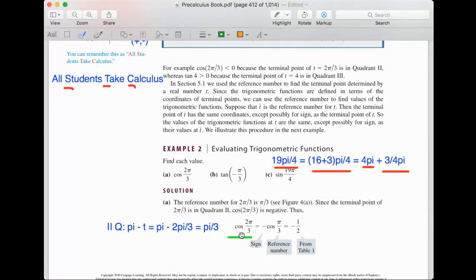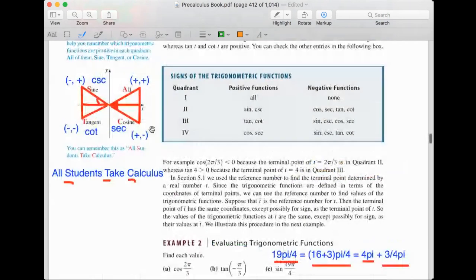Pi over 3 is the reference angle of 2 pi over 3. So this involves two things: first we draw the angle, then we draw the triangle. Then All Students Take Calculus helps us remember which one is positive.